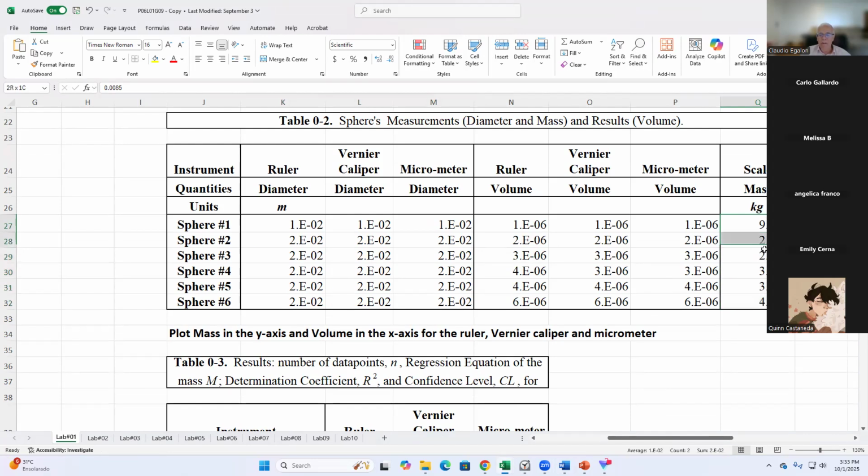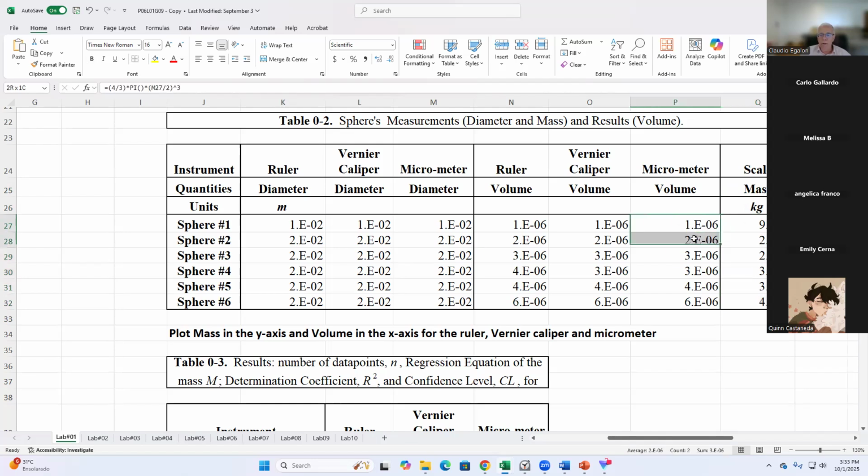What do you plot in the vertical direction? What's in that column? Here you go. Kilograms. Yes, the unit of what you plot in the vertical direction is kilograms.